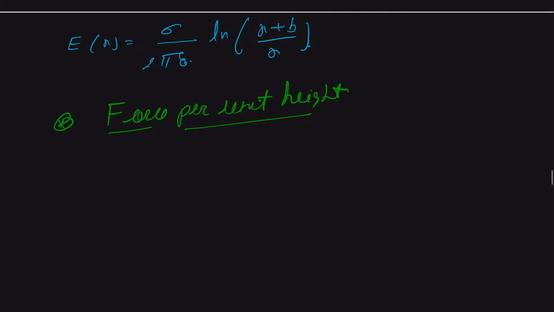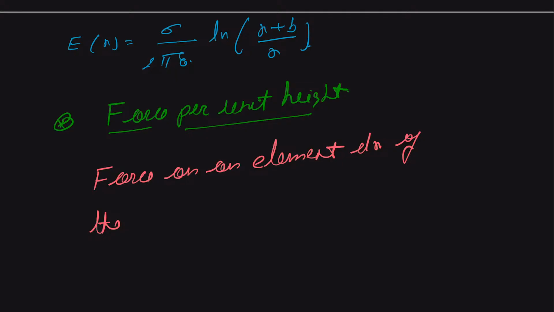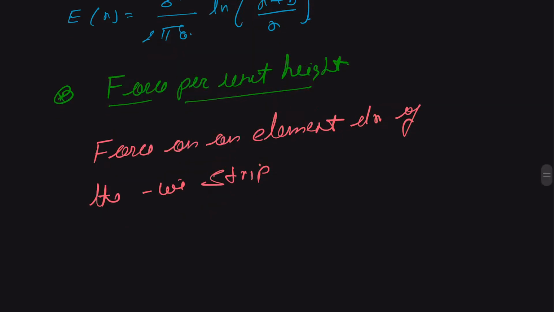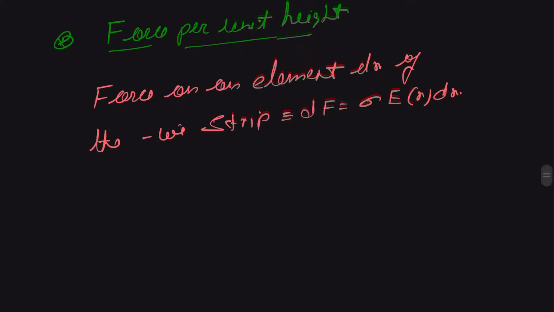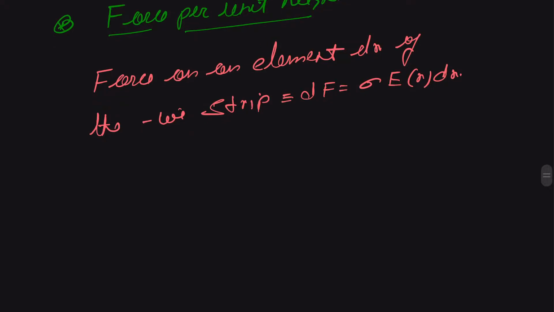We can say that the force on an element dx of the negative strip, that force is our dF, which will be equal to our charge and our electric field times dx, and we are supposed to find the force per unit height.